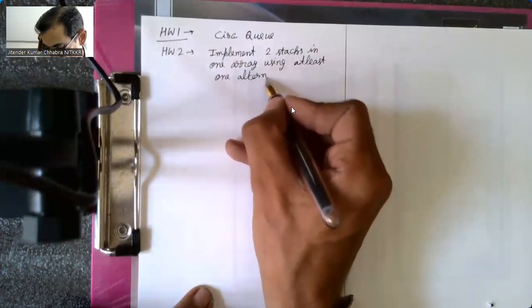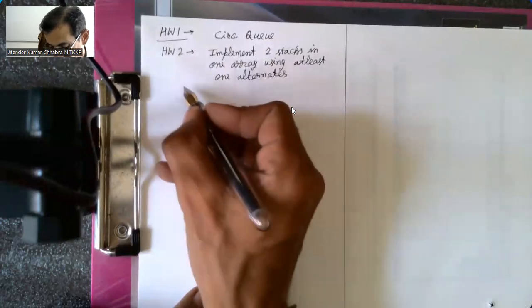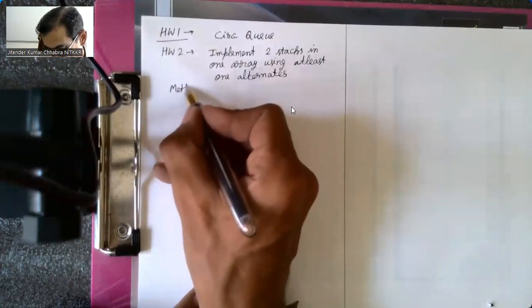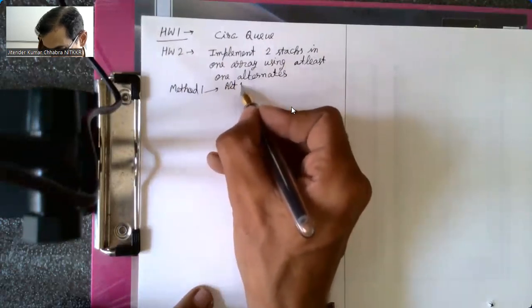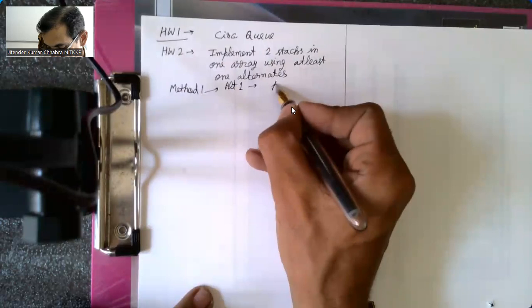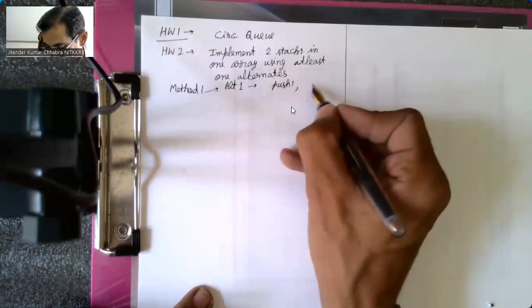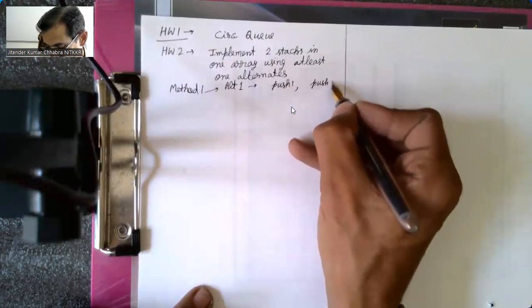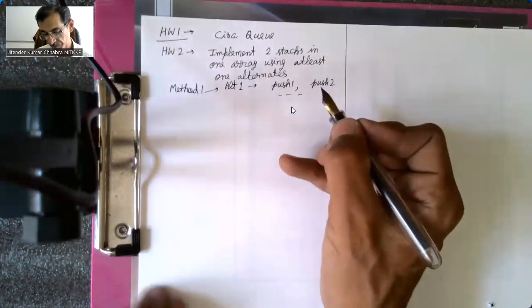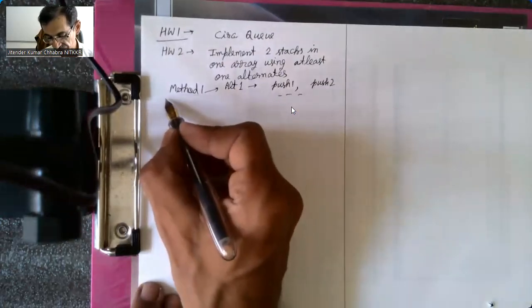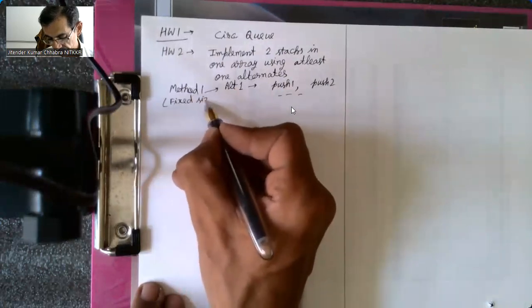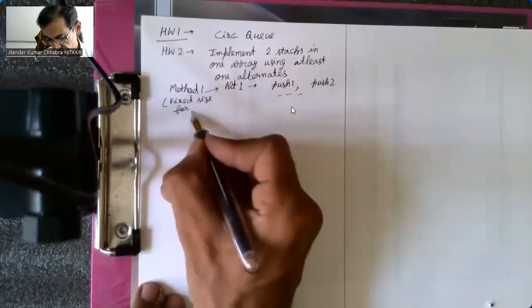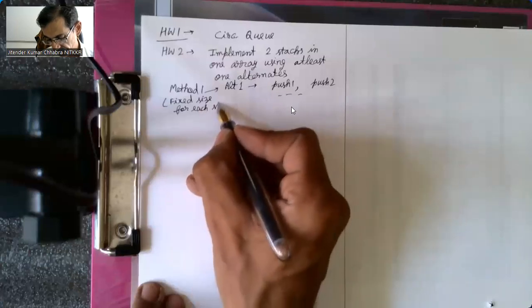What are the 3 alternates? Based on method 1, I have alternate 1, which means you will implement push 1 as a separate function, push 2 as a separate function, and so on. And method 1 means fixed size for each stack. We have just discussed that.